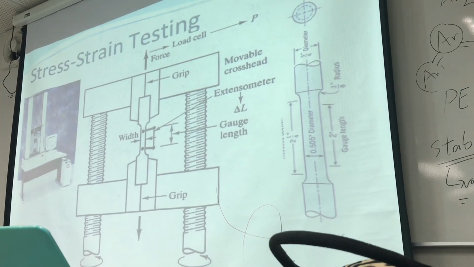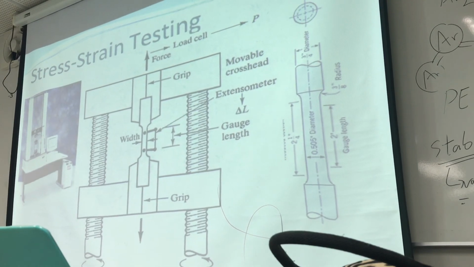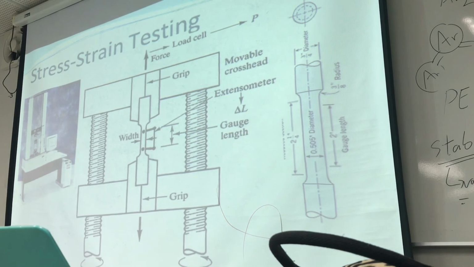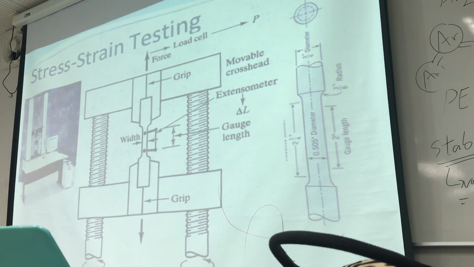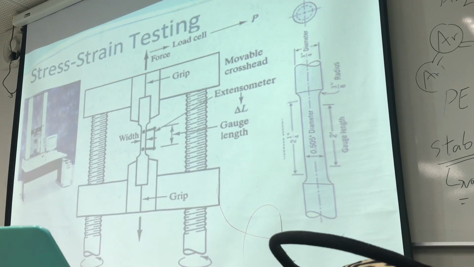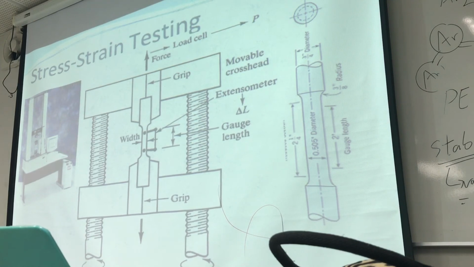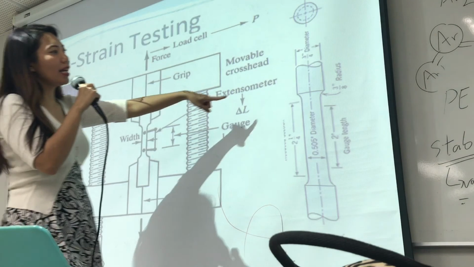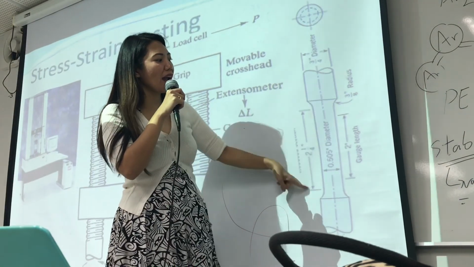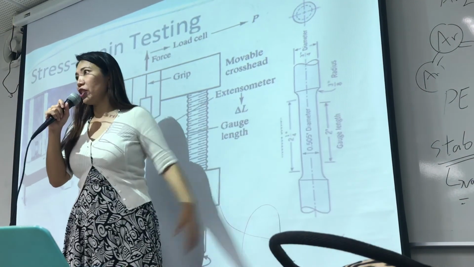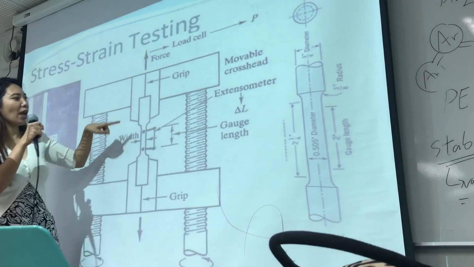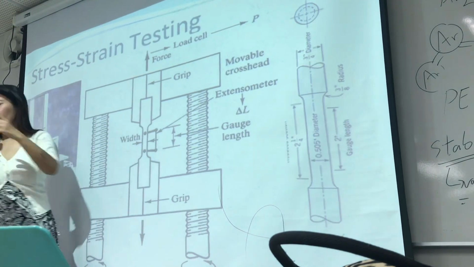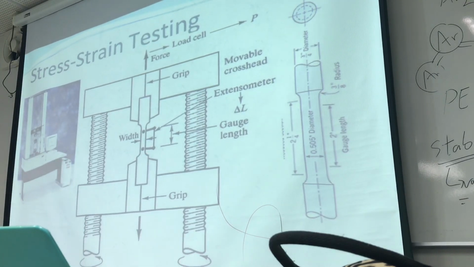If your sample is a long, very thin sample, when you grab it by the grip, it may break at the place where you grip it. So sometimes people prepare the sample in a dog bone shape, so you can grip it easily.